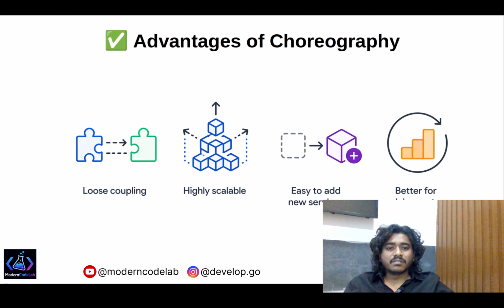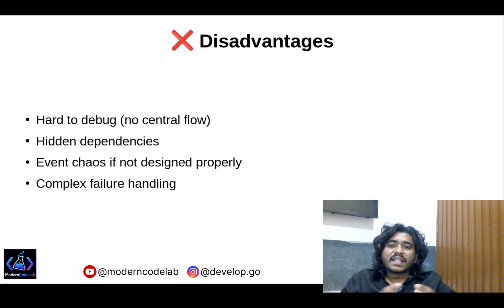You can immediately add a new service and scale everything. And when it comes to development, each developer can be assigned a microservice, which makes it very easy to take care of the entire process, right? And it is better for evolving systems. When you're dealing with complex projects and complex scalability needs, it is very easy to use choreography, right?